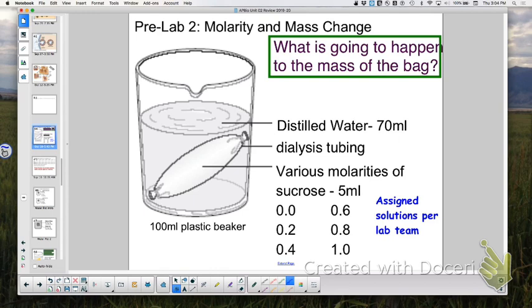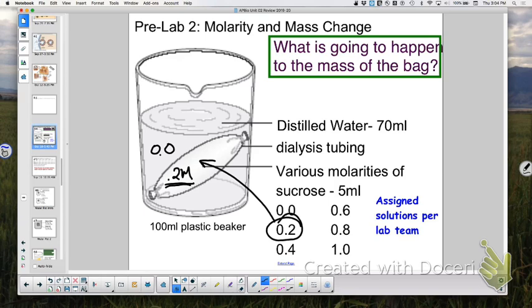Mass. Because you would put your 0.2 molar sucrose solution in your bag. You would leave room in that bag to expand, because if it's 0.2 molar in here and this is distilled water, water will flow from a higher water potential to a lower. And by having the sugar in here, it's got a lower water potential.